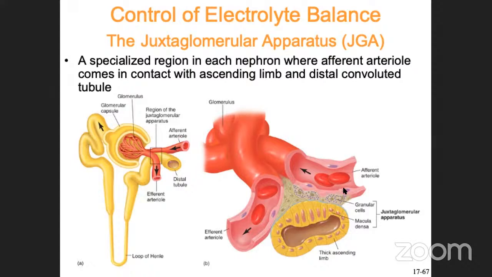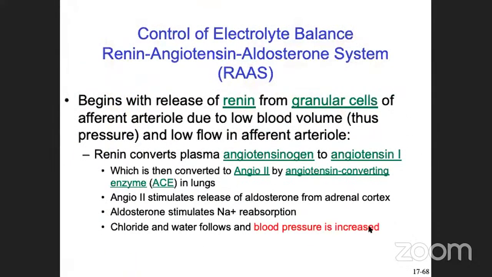We can see the afferent arteriole, and you can see the blood cells in it. And after that, underneath, you can see the granular cells and the macula densa of the thick ascending limb. That is the place we call the juxtaglomerular apparatus. It's the joint component of the kidney.